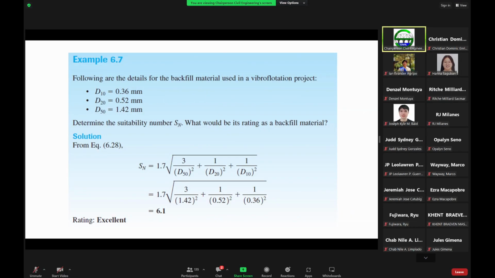We are asked to check if we have a good backfill material to be used for our project. For example, you are the vibro compaction contractor.